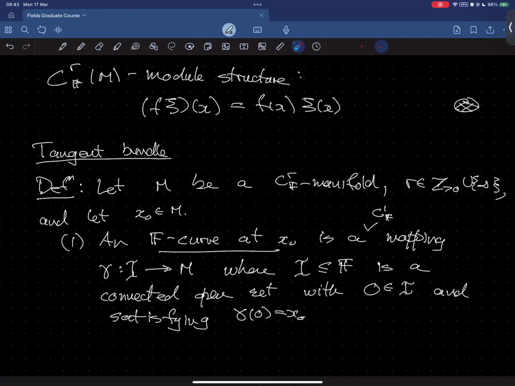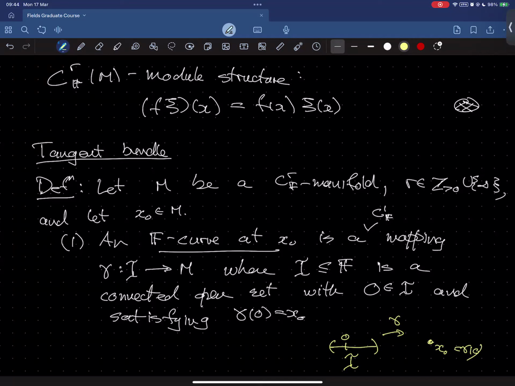So in the real case, I is a connected open set. What that means in the real case is that I is an open interval, which has 0 inside it, and at time 0, it maps to x naught. So in the real case, the picture you can have in your mind is x naught and my interval like this, and then gamma and 0.